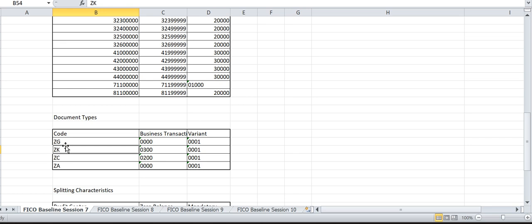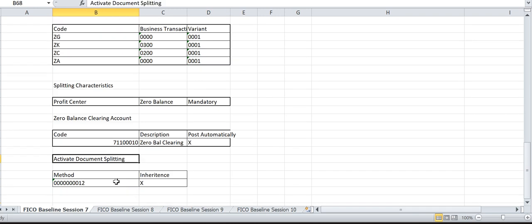The second setting is that we assign the business transaction and business transaction variant to the document types. For the standard document types, the business transaction and business transaction variants are already assigned. If there is a need to create any new document types, then for those we must assign the business transaction and business transaction variant.